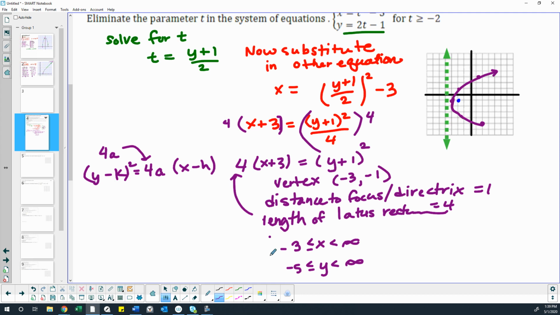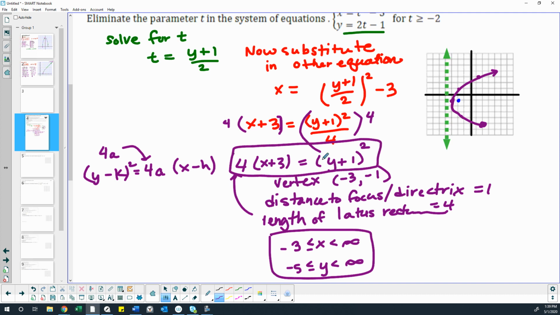So this helps define the fact that our graph ends right here, because this equation for a parabola we just created does not tell us, without the parameter, that our graph is not going to go beyond that point. Does that make sense?